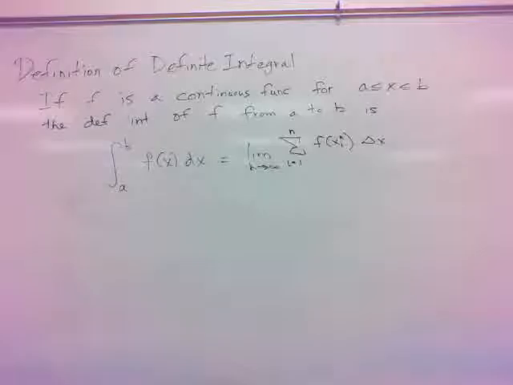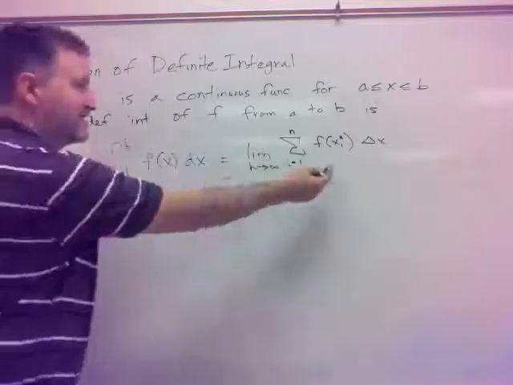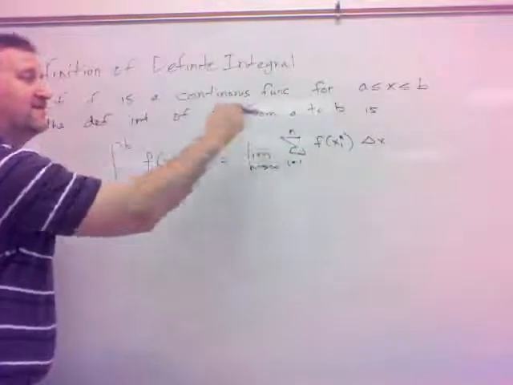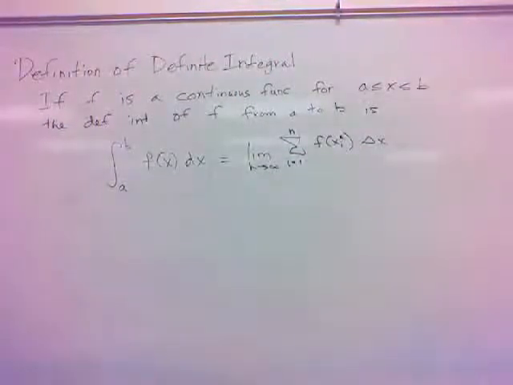We define it. This is the definite integral. So what does this mean? This is the infinitely many rectangle area under the curve formula. That's what an integral is. That's what it represents graphically.